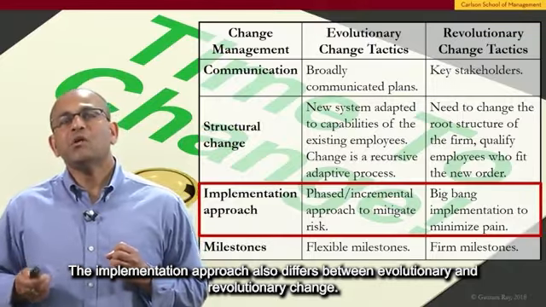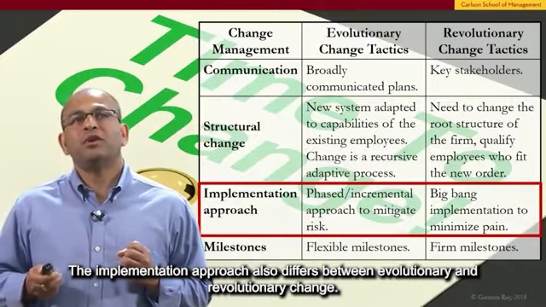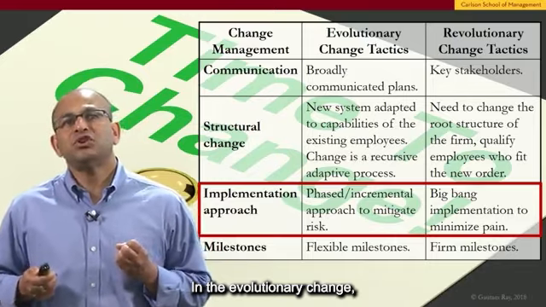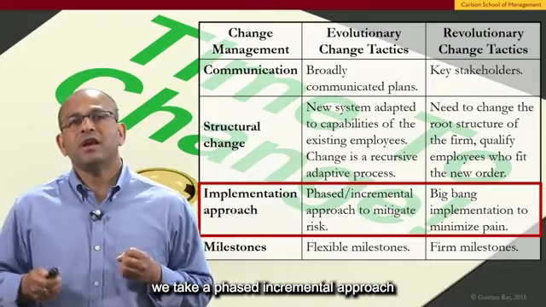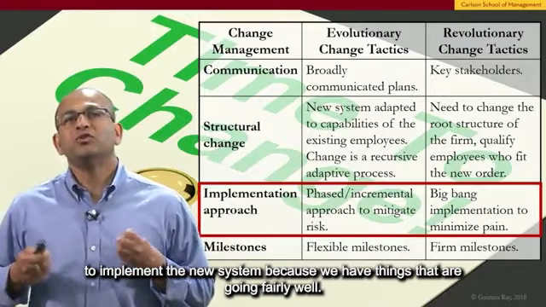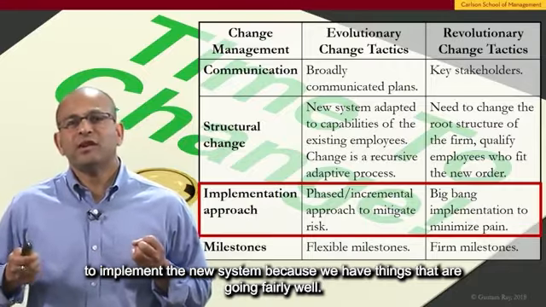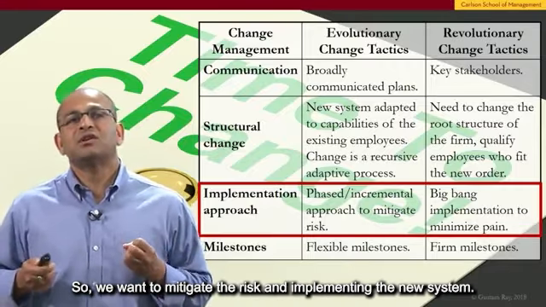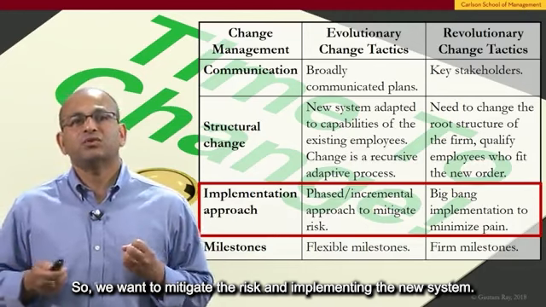The implementation approach also differs between evolutionary and revolutionary change. In the evolutionary change, we take a phased incremental approach to implement the new system, because we have things that are going fairly well, so we want to mitigate the risk in implementing the new system.